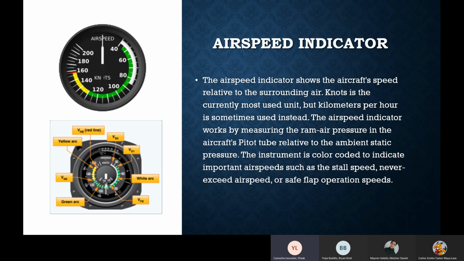The airspeed indicator works by measuring the ram air pressure in the aircraft's pitot tube relative to the ambient static pressure. The instrument is color coded to indicate important airspeeds such as the stall speed, never exceed airspeed, or safe flaps operation speeds.